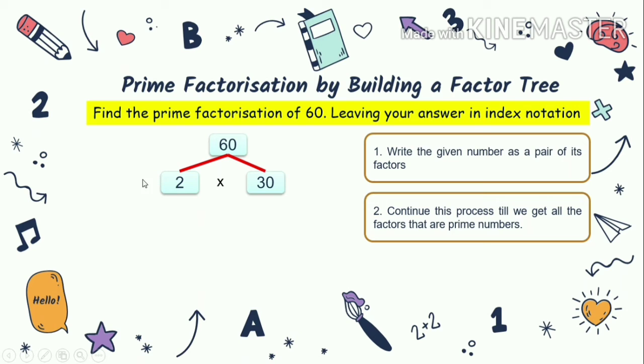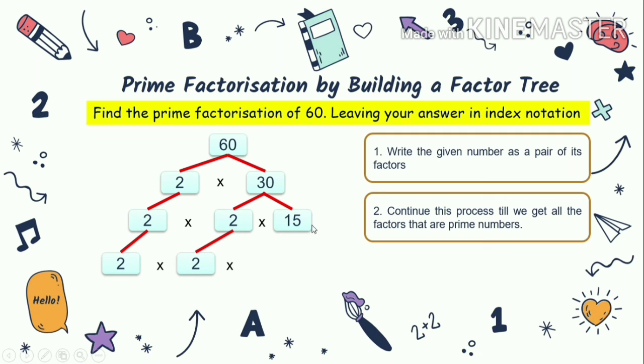Because 2 is already a prime number, it goes down. Then you find a multiplication that gives 30 using prime numbers. That is 2 times 15. 2 is a prime number, so it goes down too.